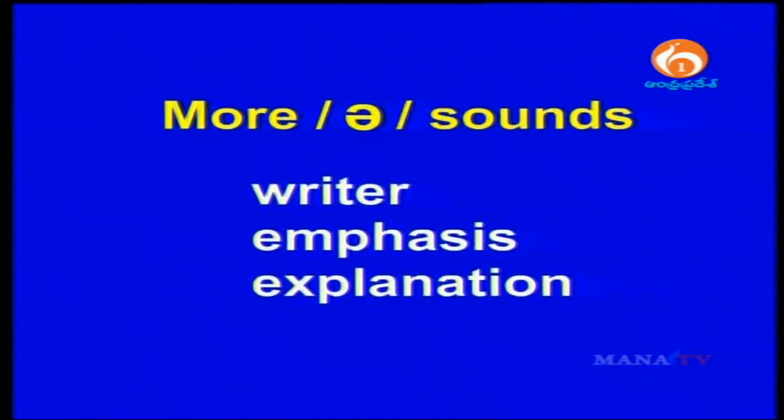There you have banana. In front of it, a banana. That's the sound. Banana. And here you are. A few more words where you get this particular sound occurring. Listen to them and repeat.